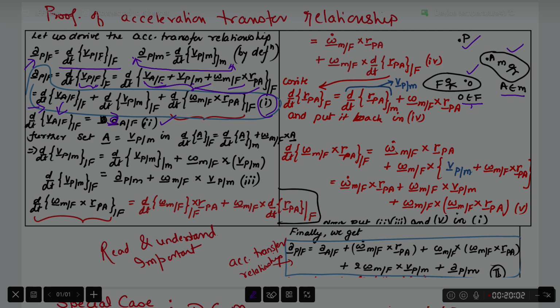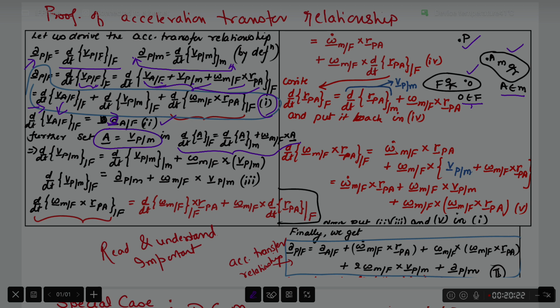The next step is to again recall this useful relationship for the rate of change of A observed from two different reference frames, and this time I am going to set A as VPM.